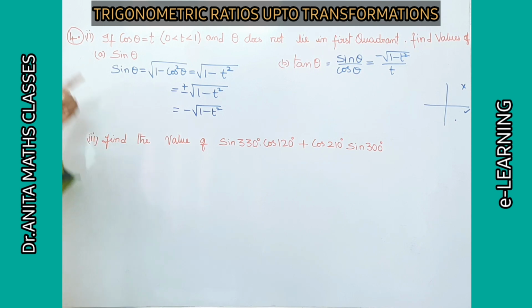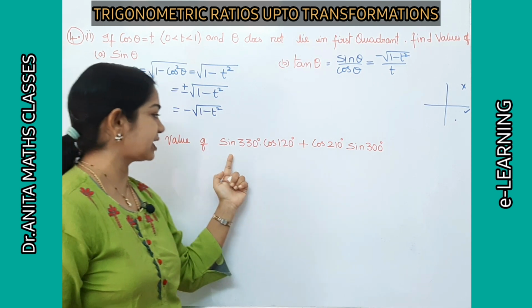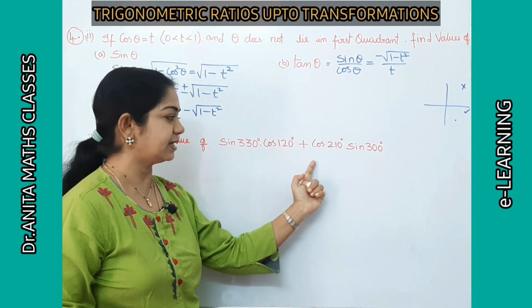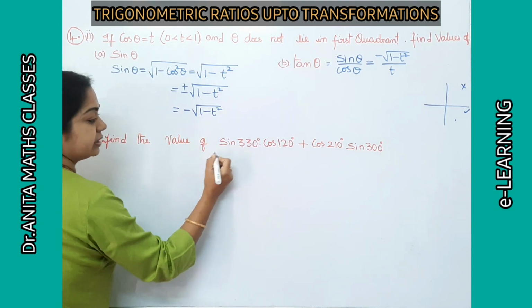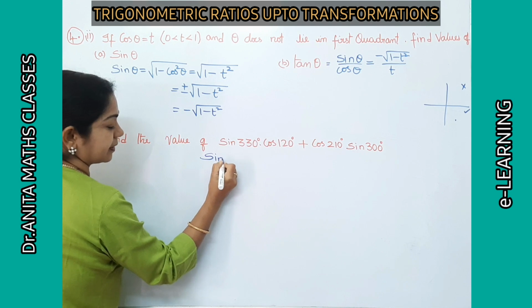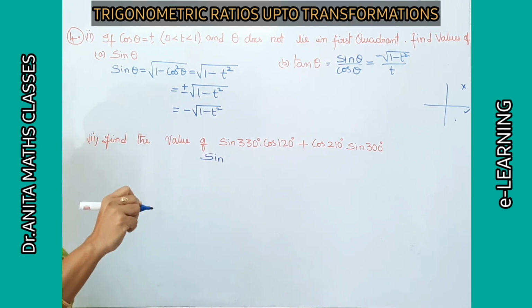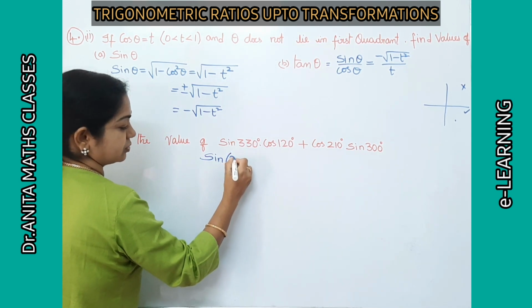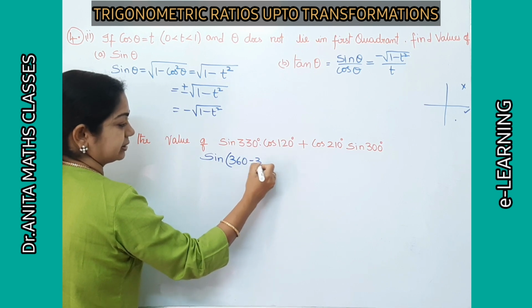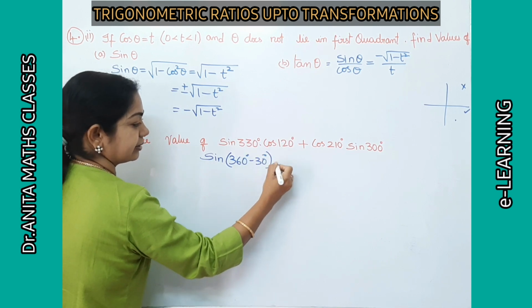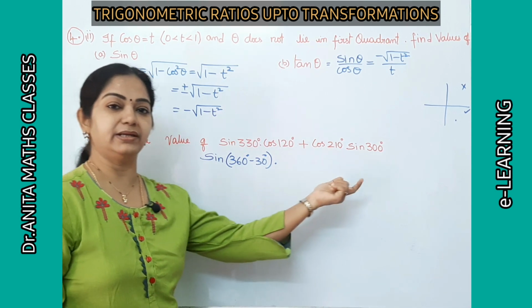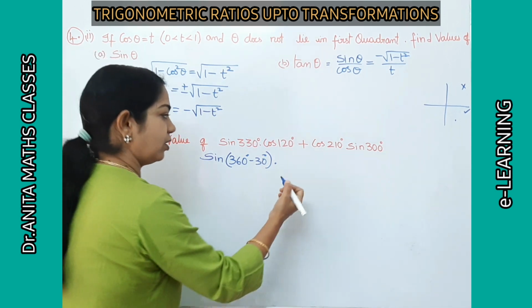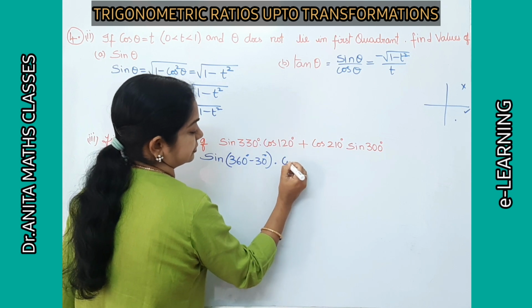Now the third bit in the fourth one: find the value of sin 330 cos 120 plus cos 210 sin 300. We will resolve it like this. Sin 330, we can write as 360 minus 30, so 360 minus 30 is 330, multiplied by cos 120. We can write it as 180 minus 60, or 90 plus also you can write.